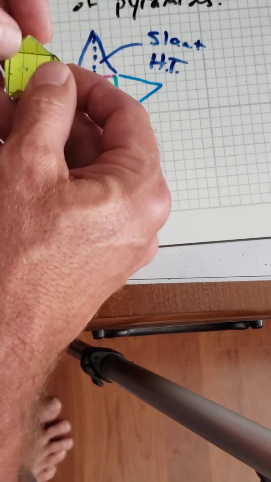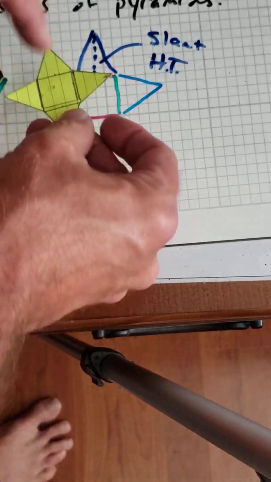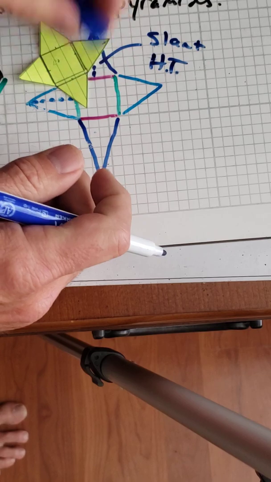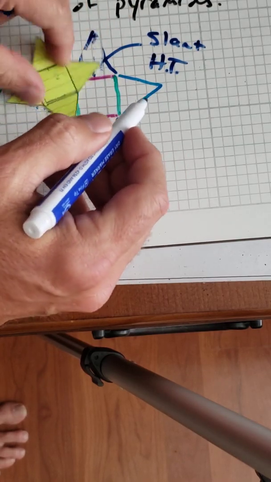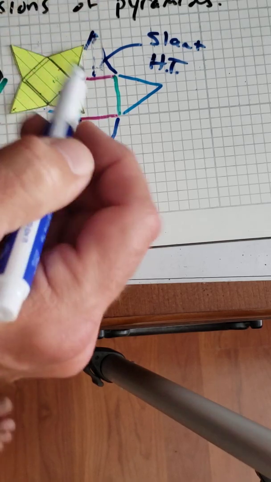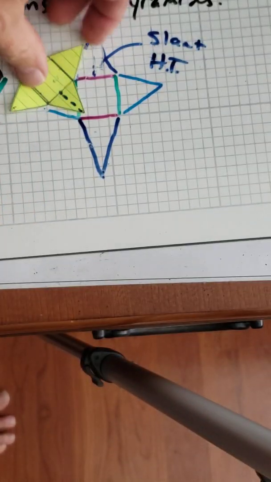So we call that, of course, the slant height. So the slant height for this is from, oops, this is a good triangle here. I didn't mess this one up. Okay, so that's the slant height right there.